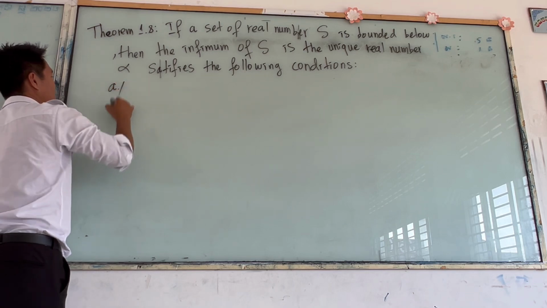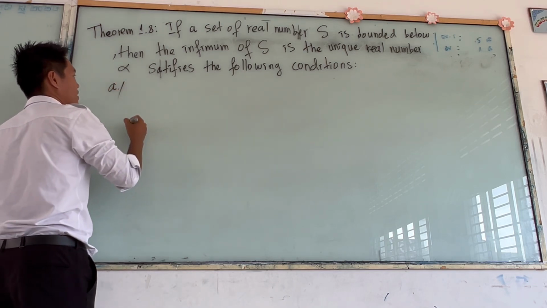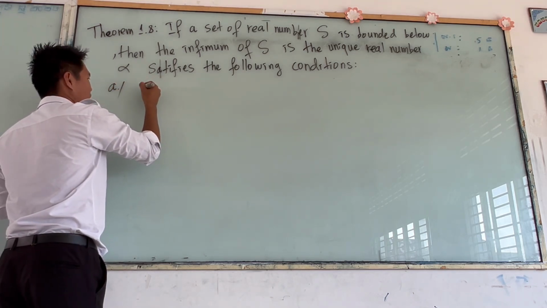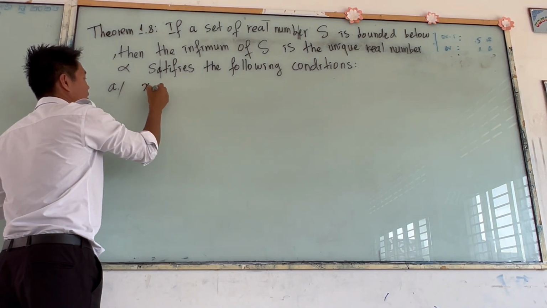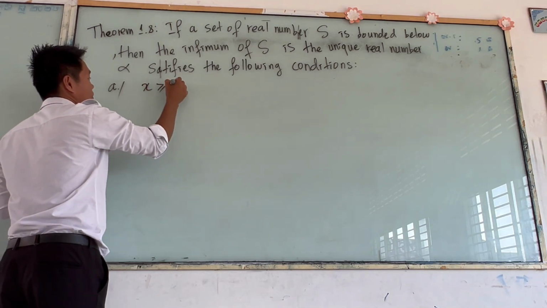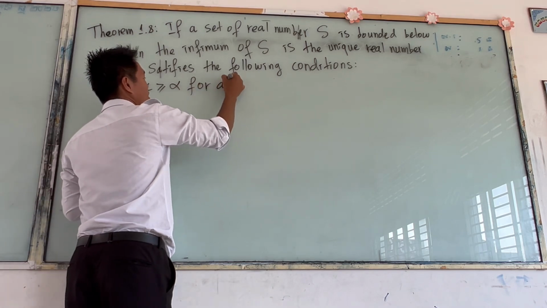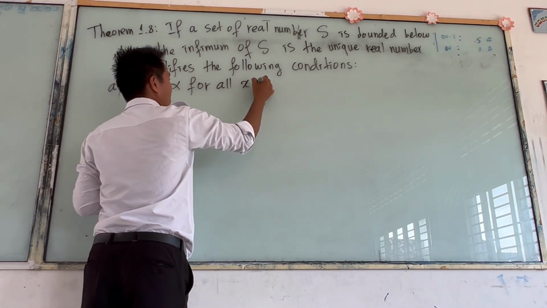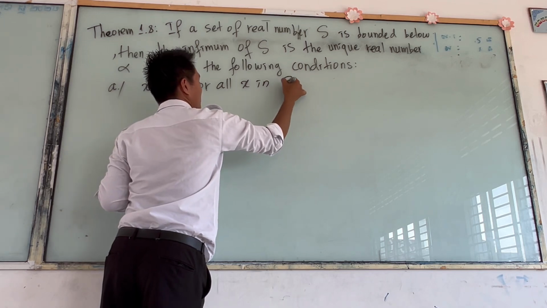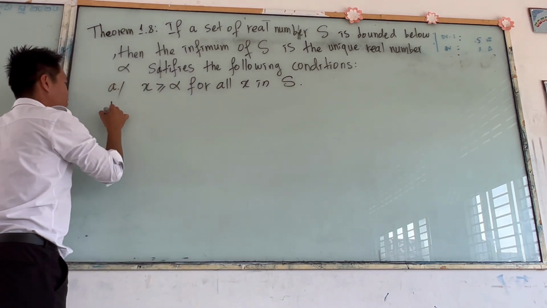Condition A: x is greater than or equal to alpha for all x in S.